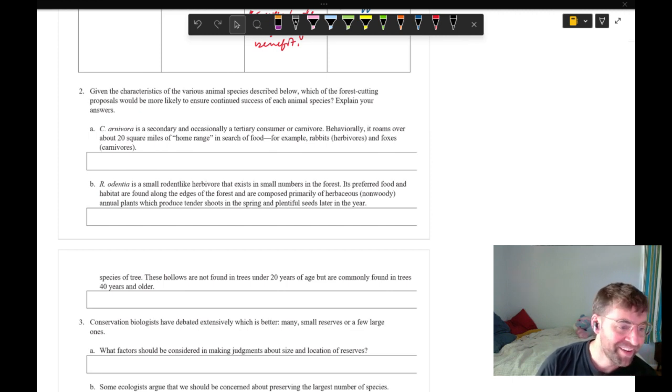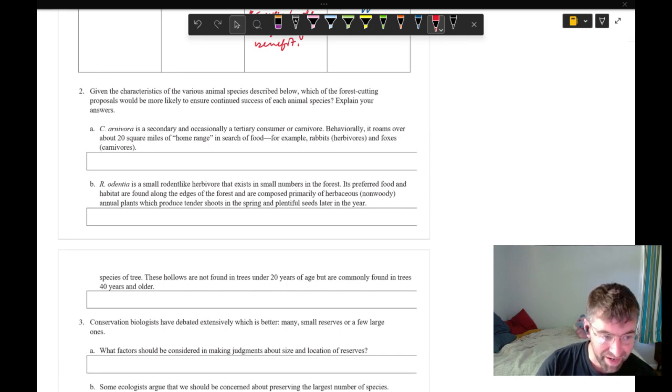Carnivora is a secondary and occasionally a tertiary consumer or carnivore. Behaviorally, it roams over about 20 square miles of home range in search of food, for example, rabbits and foxes. All right, I'm sorry, we got to do some math.